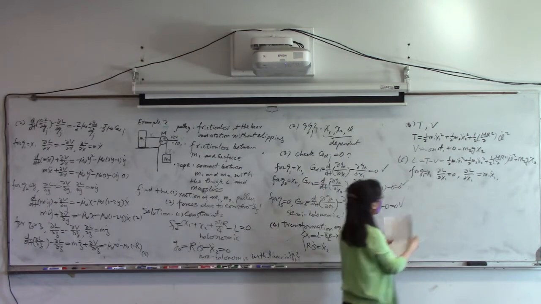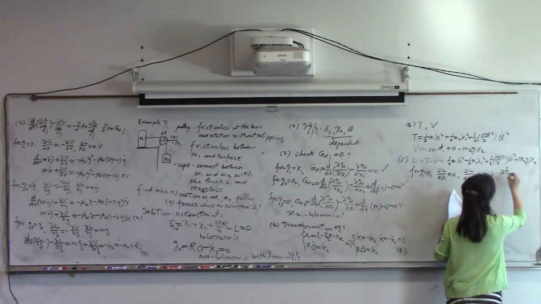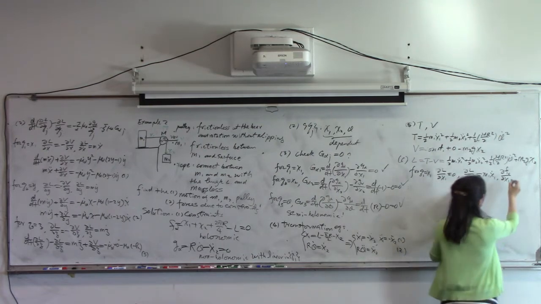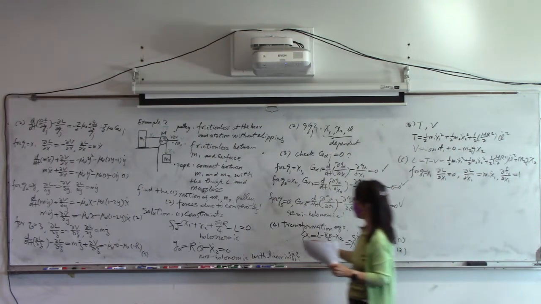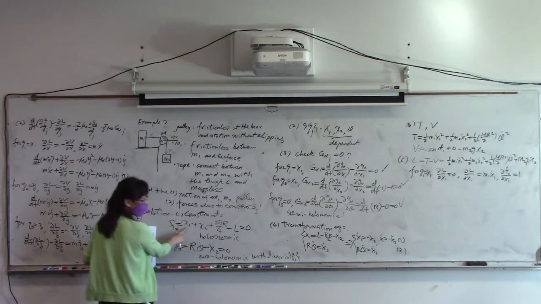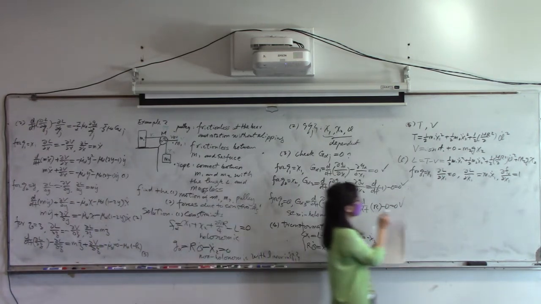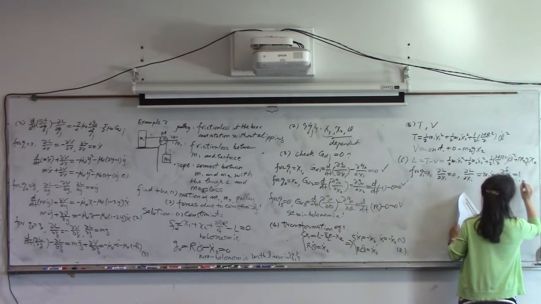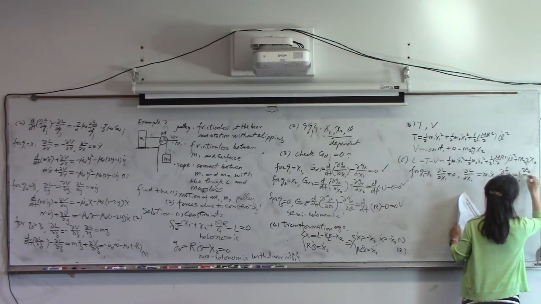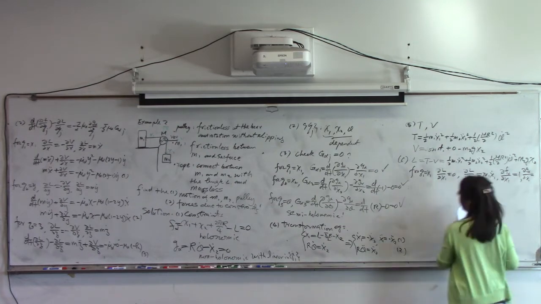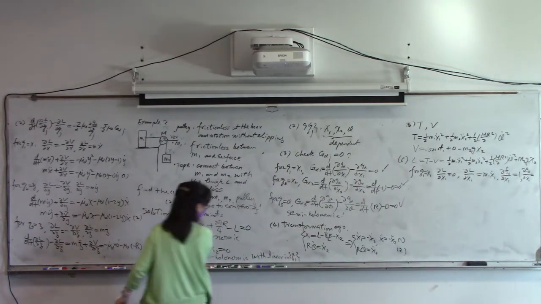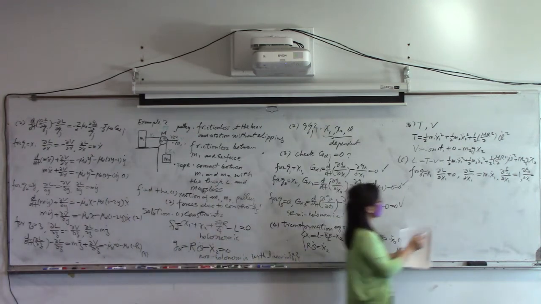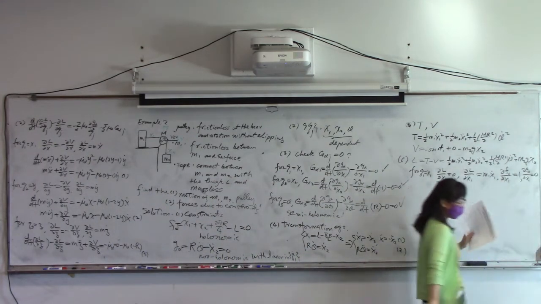So we need partial f alpha, partial x1, which is 1. And the last one, partial g alpha, partial x1 dot, is 0, right? No x1 here. So that is for the first generalized coordinate.